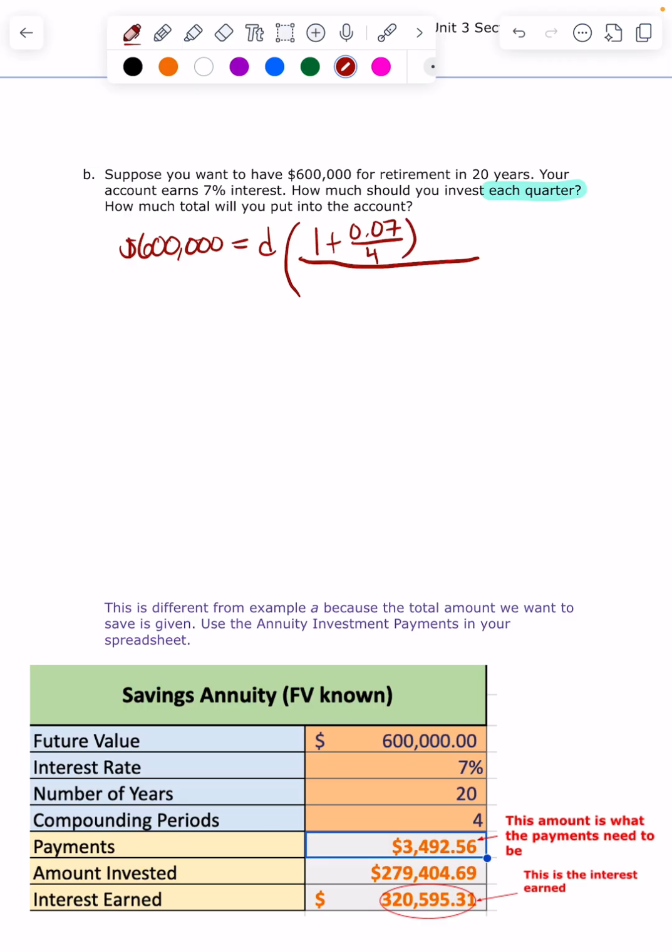Close parentheses on that, and it's going to be 4 times 20. And then minus 1, which is what I was missing in the last one. And then 0.07 over 4.